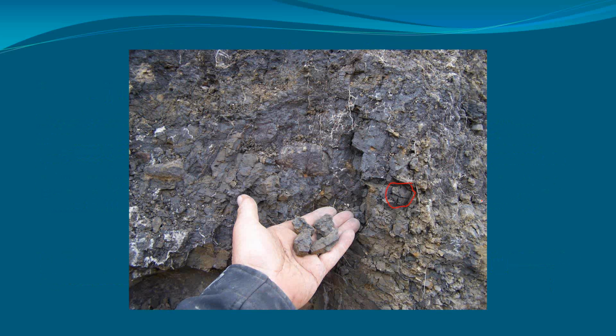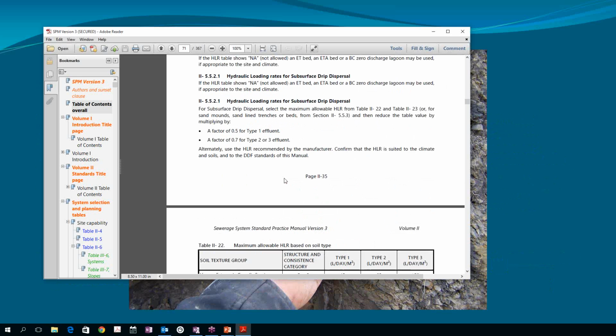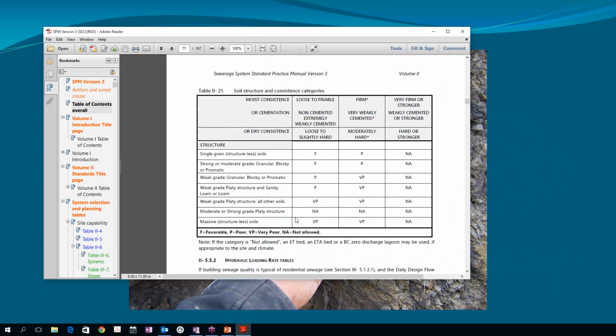Consistence, we're guessing at because it's a picture, but you'd be right if you guessed hard or stronger, right? It takes quite a bit of pressure to burst these things.